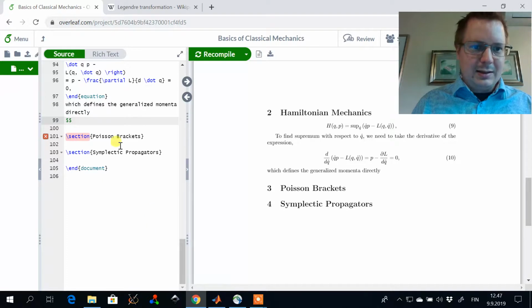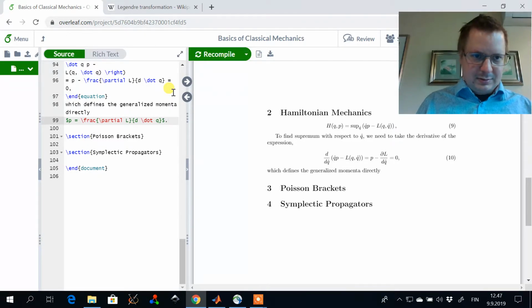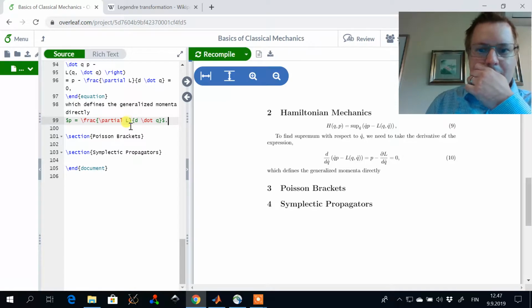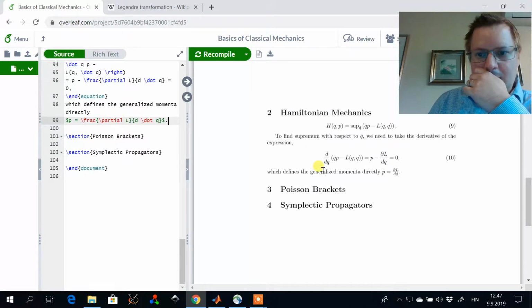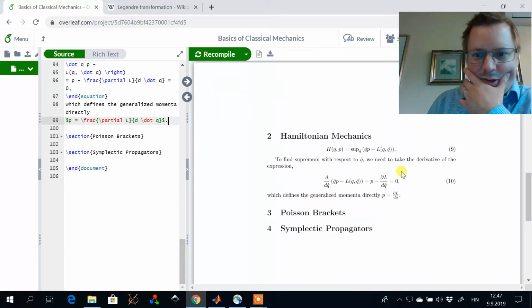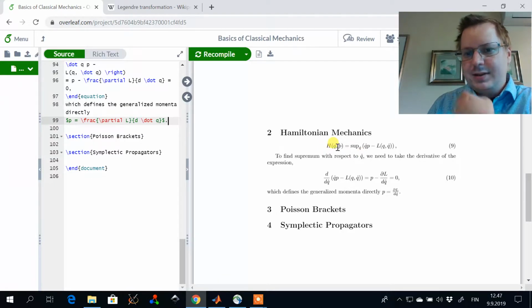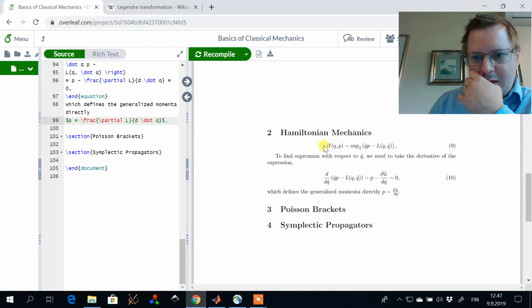So we have that p equals this one. Then the left hand side does not depend on q dot, meaning that the right hand side does not depend on it either, and that's because it's minimized over.